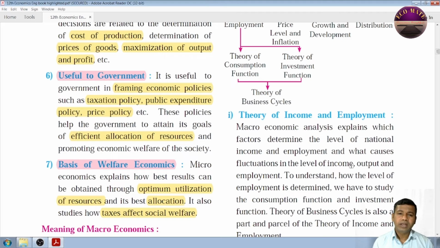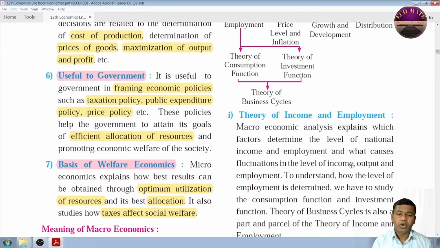Let me give you one example from this point. For example, if a taxation policy is implemented by the government, see, the government imposes taxes on us. Why does it impose taxes on us? Because it wants to take resources from some people and distribute those resources among the poor people. This is the main purpose of the government. The government is allocating these resources to different people.